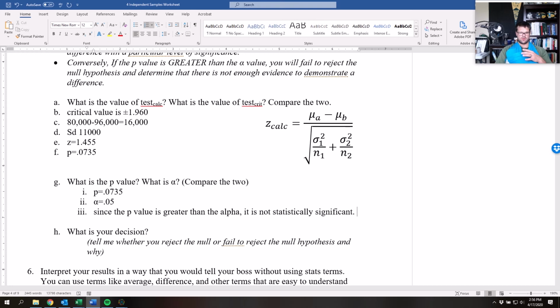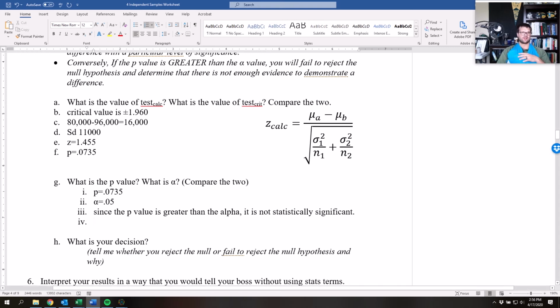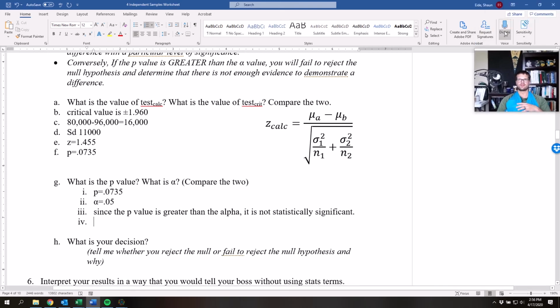And so this is basically saying the probability of getting this result, assuming that the null hypothesis is true, is 0.0735.